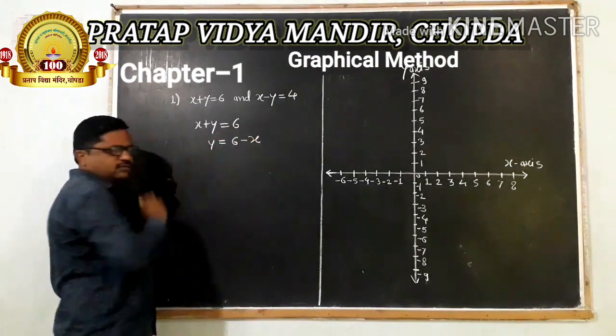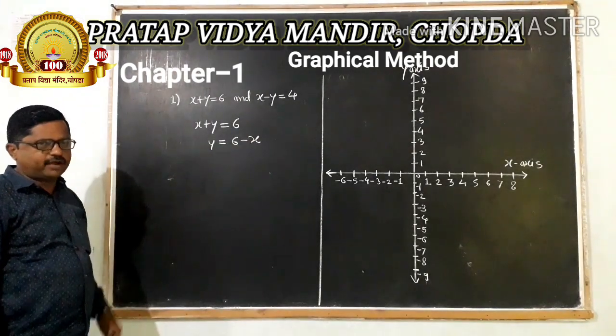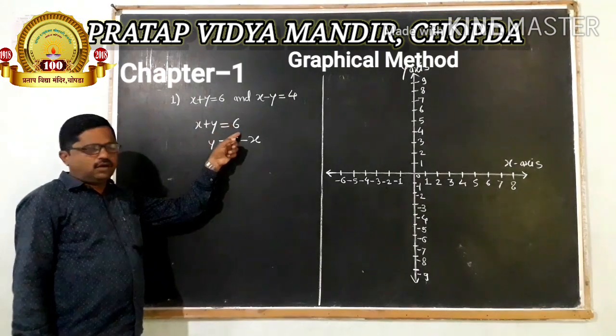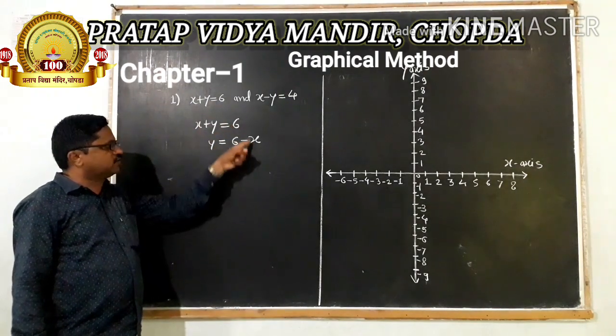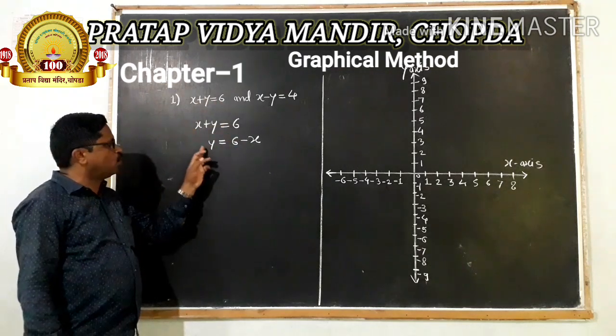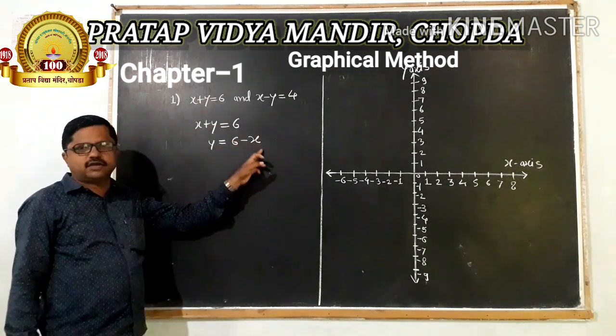I can repeat again. The first equation is x plus y equal to 6. Take the variable x to the other side, it will become minus x, and so you will get the equation y is equal to 6 minus x.